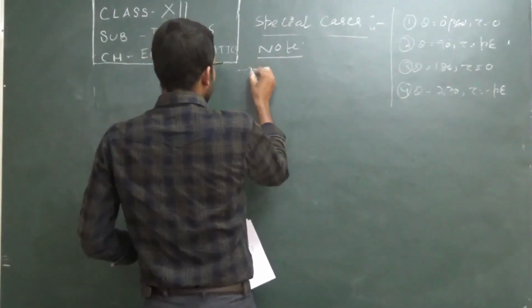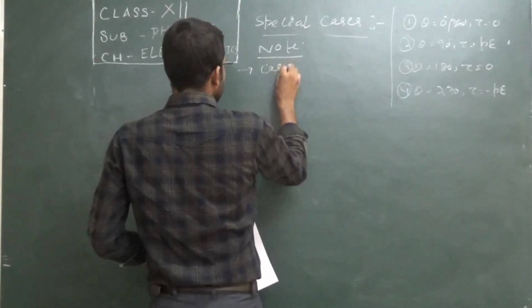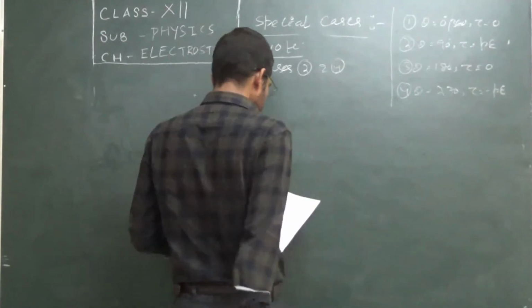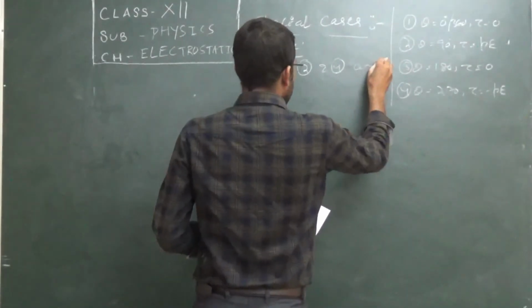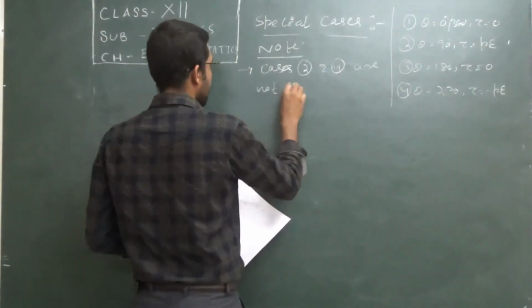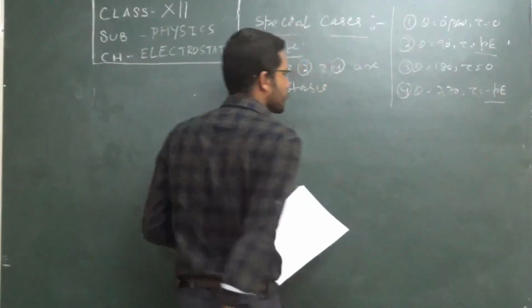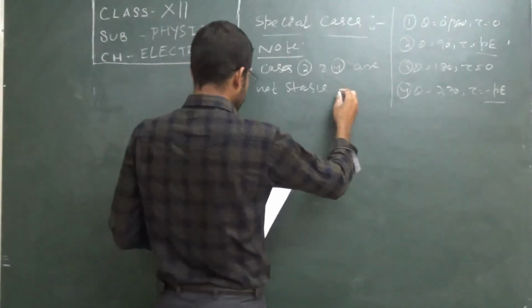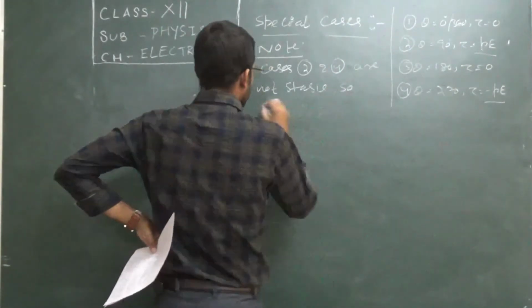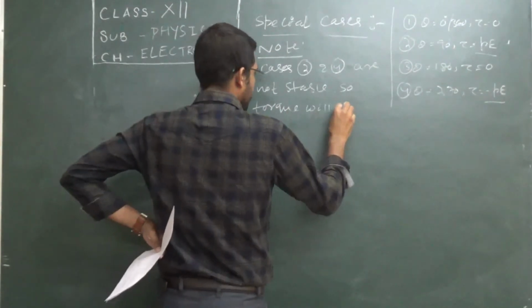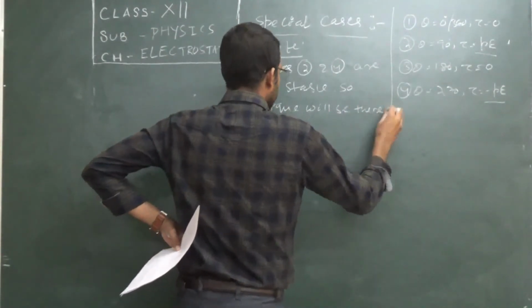Note 1, we can write cases 2 and 4 are not stable because they are carrying the values tau equals pE, tau equals minus pE. So torque will be there. So this is not our concern.